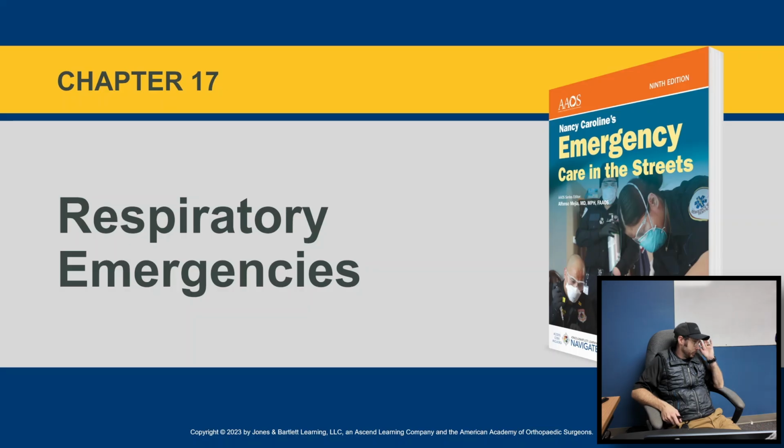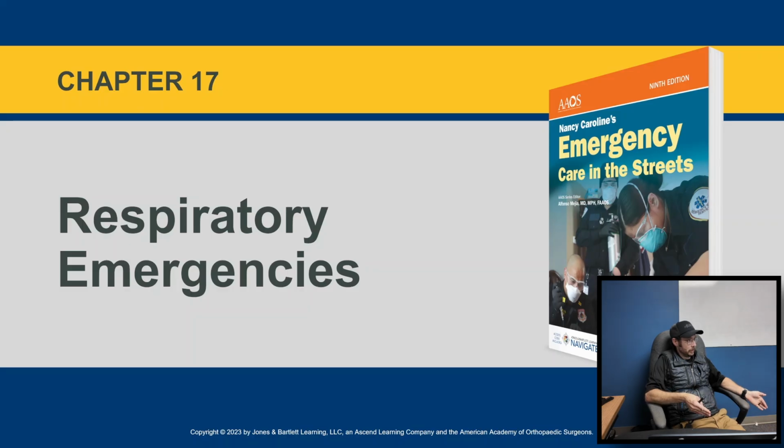So you typically don't see right-sided heart failure isolated by itself. You can see left-sided heart failure isolated by itself. That's not uncommon to see. But typically, if you have right-sided heart failure, you're also going to have left-sided heart failure because they probably had the left side failure first.